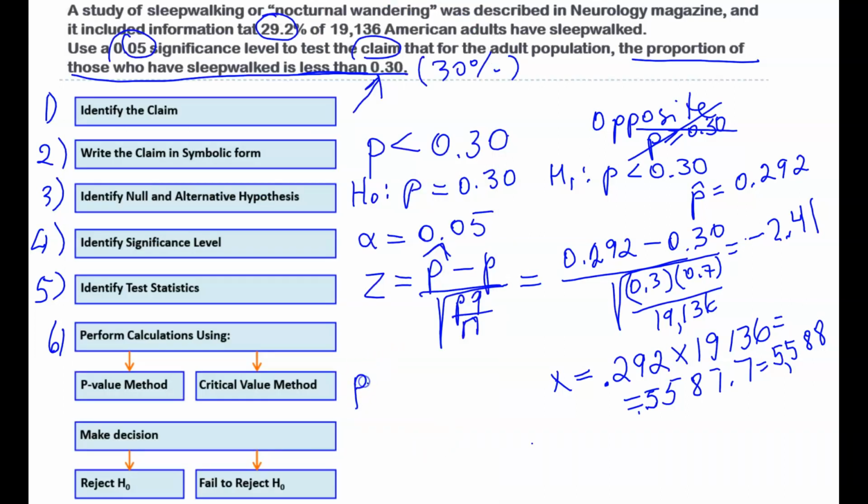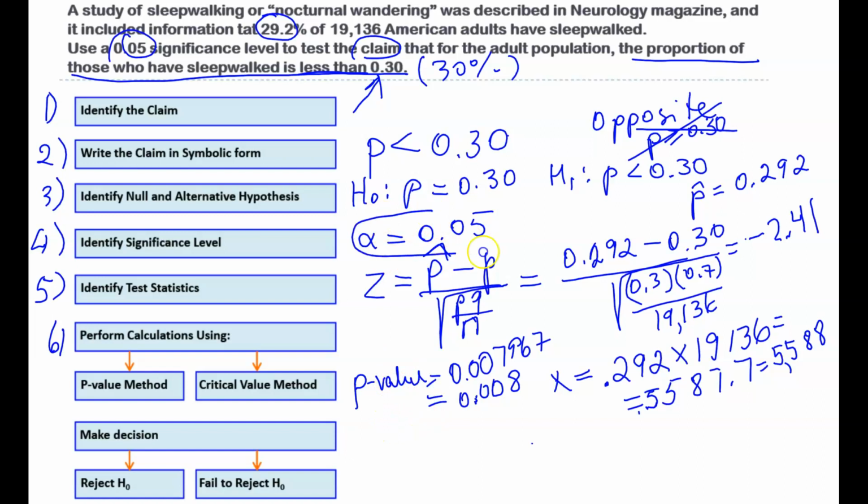I'm going to write it here. P value was equal 0.007967 rounded to 0.008. Now, we're testing the hypothesis using the p-value method. Remember, when we use p-value, we compare our p-value with alpha.